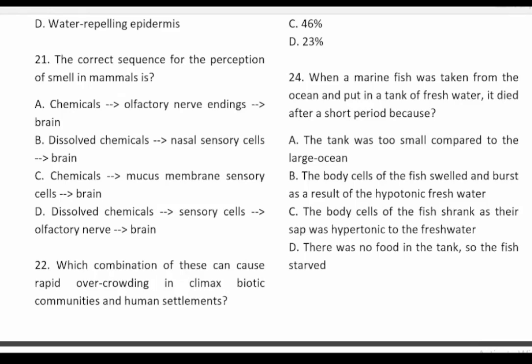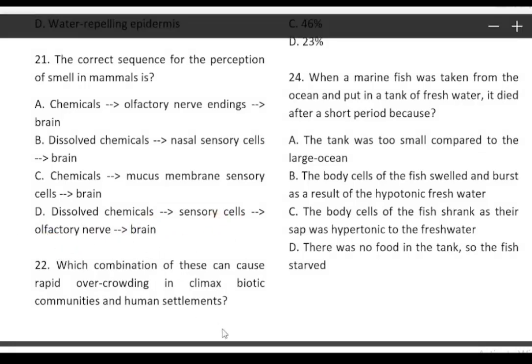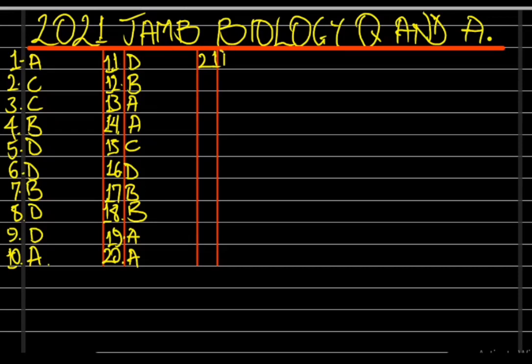So the dissolved chemicals are received by the sensory cells, and then they are sent to the brain through the olfactory nerves. They are sent to the part of the brain called the olfactory lobe through the olfactory nerves. So that is the answer, the sequence of smell perception. Option D. It moves from the dissolved chemicals to the sensory cells and then to the olfactory nerve endings to the brain. Option D for question 21.